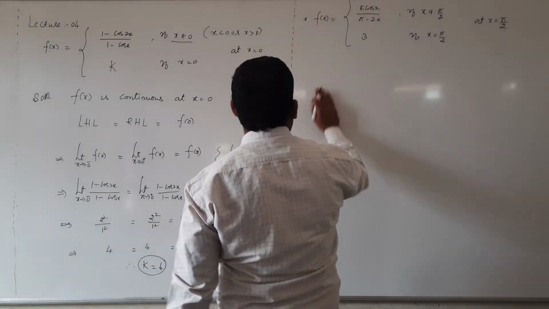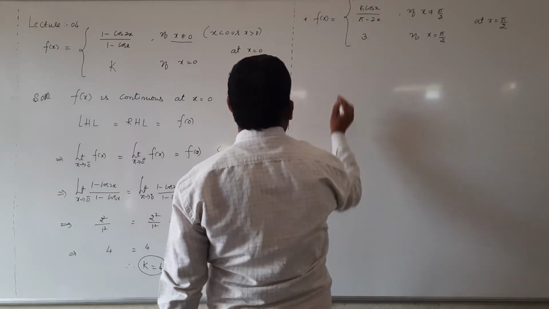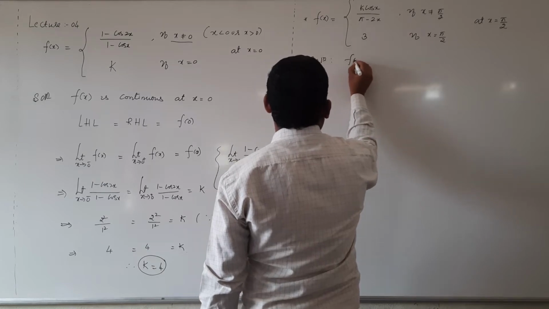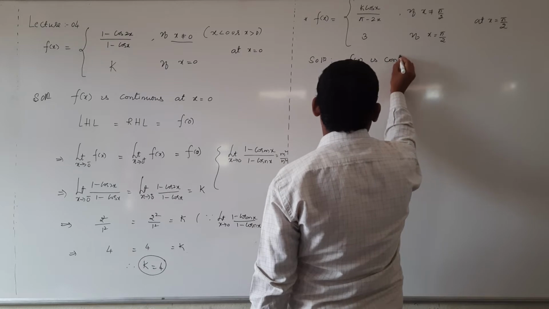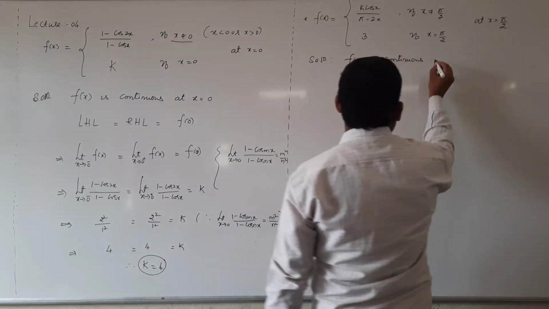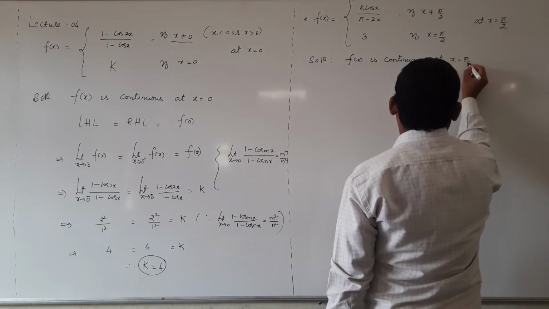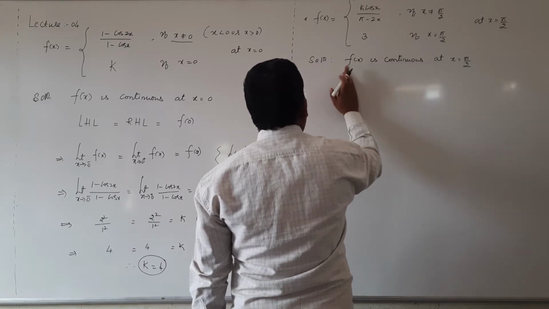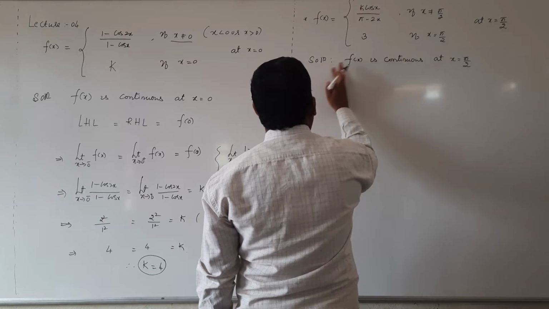Now, given that f of x is continuous at x equal to pi by 2, according to the definition of continuity, left hand limit equal to right hand limit equal to functional value.